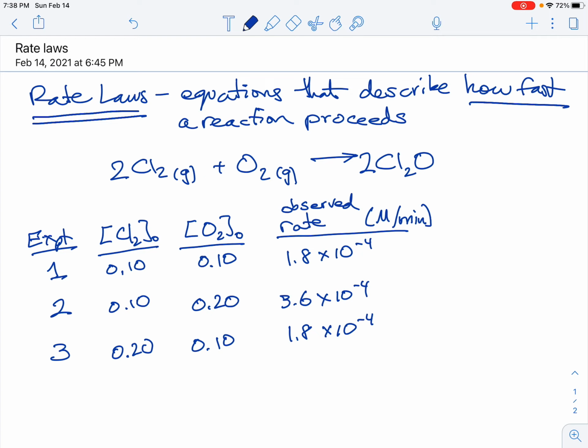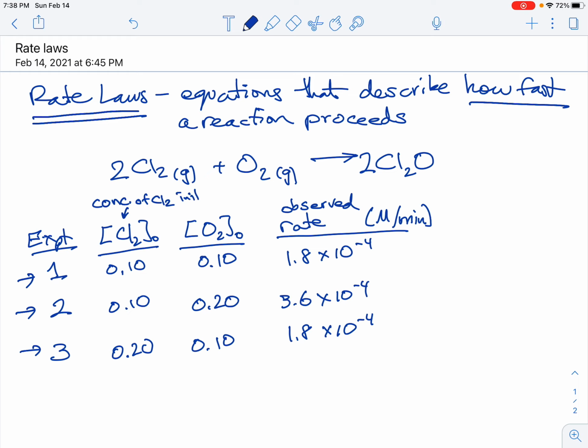The way you do this is you conduct an experiment. You have to conduct more than one experiment, and you can see over here that we have 3 experiments, 1, 2, 3. In the columns, anytime we see this symbol with the brackets, [Cl2], and this little 0, we read it as the initial concentration of Cl2.